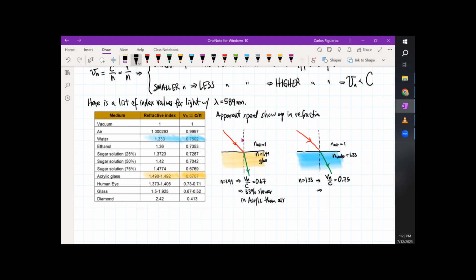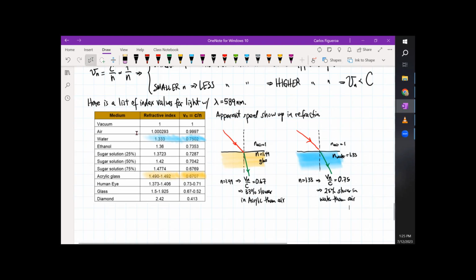So this tells you that it's 25% slower in water than air. So you could see that it appears that there is a decrease in this.